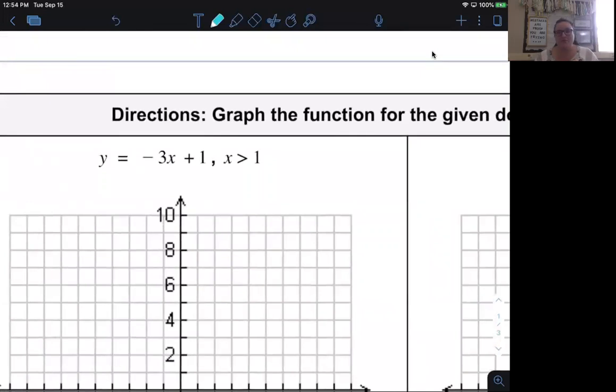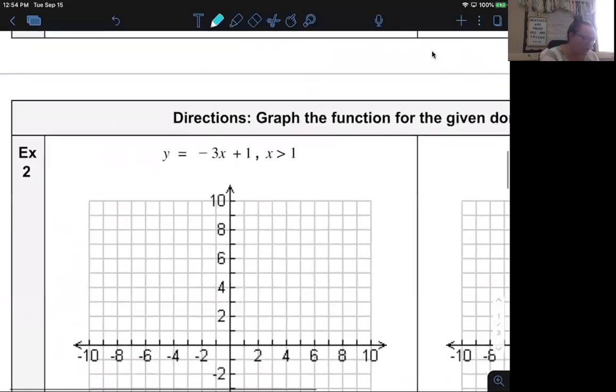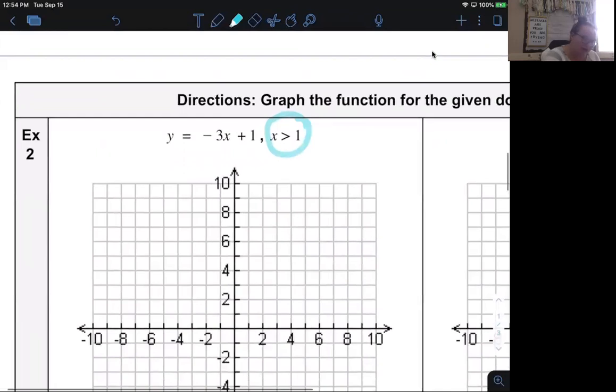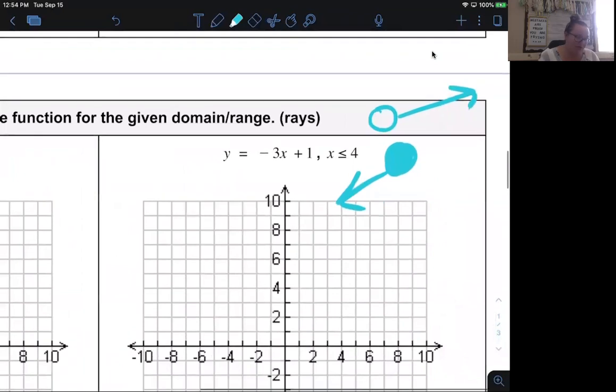When you graph rays specifically, there is going to be a restriction on either the domain or range where you only have one restriction, that x has to be greater than or less than a number, or greater than or equal to or less than or equal to. So for this function, we're going to graph it, but x has to be greater than 1. For this function, x has to be less than or equal to 4.